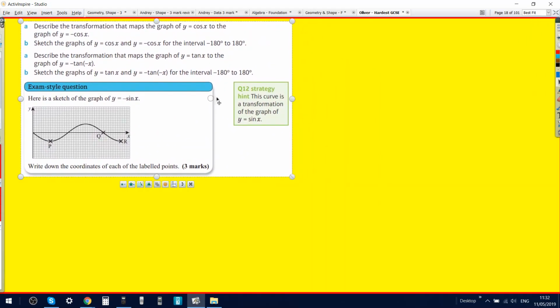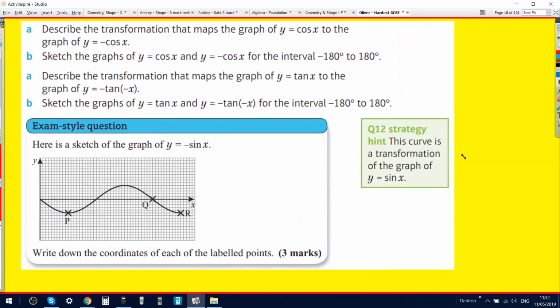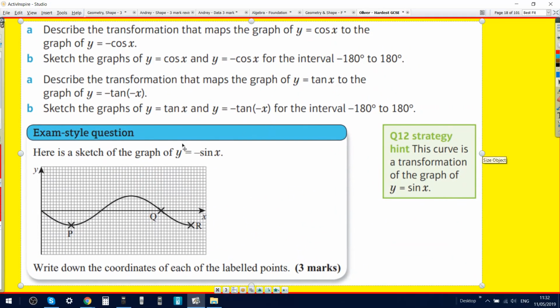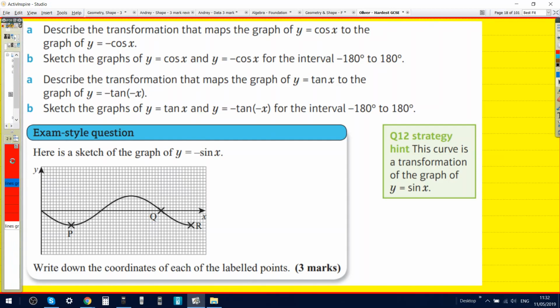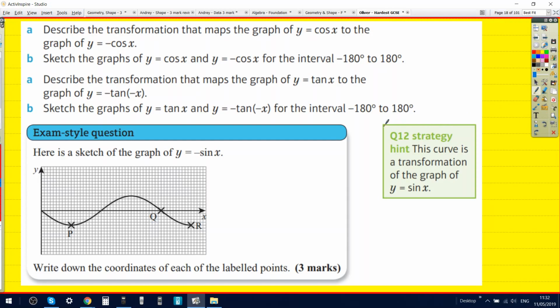How about part A up the top? Part A, describe the transformation. That's the same. No, it's not.